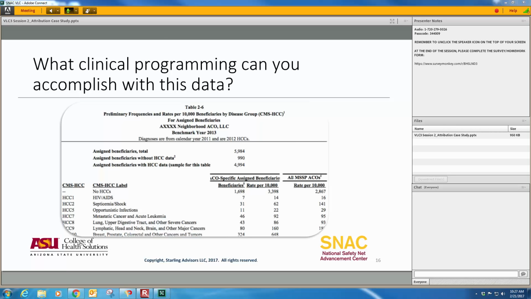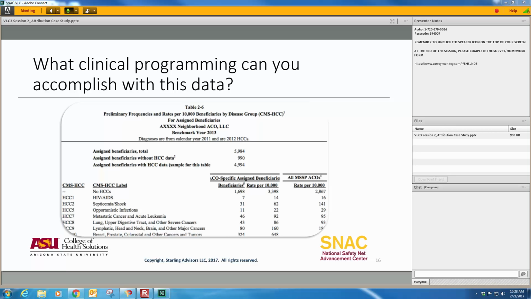If you look at the rate per 10,000 and others, maybe something interesting is going on there in that they seem to have more patients that have no HCCs, which would be a lack of any sort of chronic disease. That's an interesting finding. But you certainly see some variation. The septicemia you see is nearly half. Is that a sign of good care, or is there maybe something else going on there?